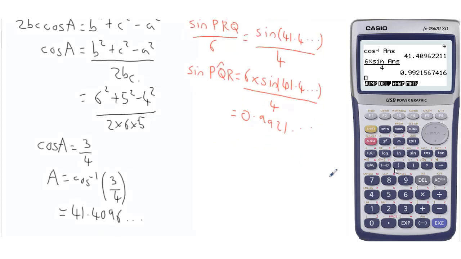So PQR equals, what is the inverse sine of that? Back to your calculator, shift sine ANS equals.